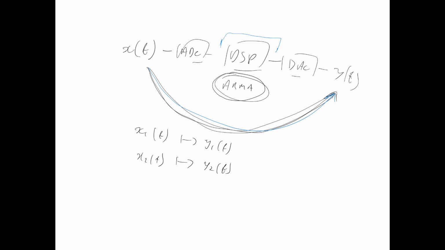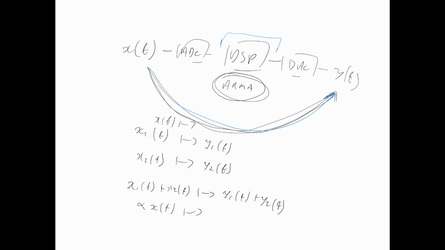If the system is linear, then we are guaranteed that if we apply x1 of t plus x2 of t to its input, then the output is going to be y1 of t plus y2 of t.